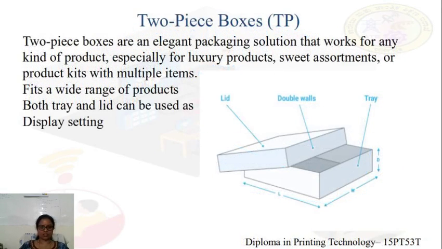Two-piece boxes. Here the name, two-piece, insists that two different paperboards are used to make a box. The top acts as a closure, also called a lid, whereas the bottom box is called a tray. These two-piece boxes are elegant packaging, the best solution that works for any kind of product, any type of goods.